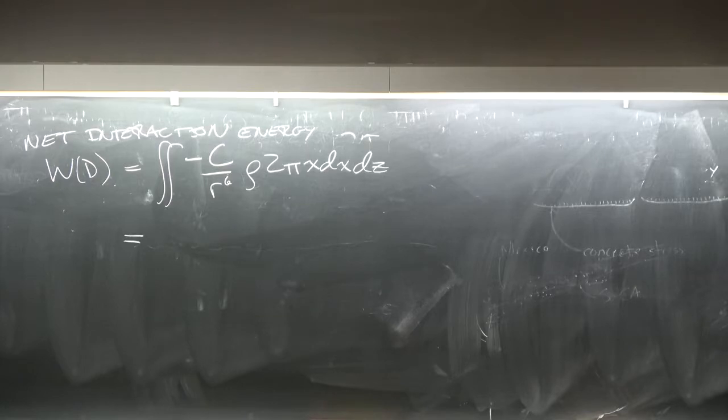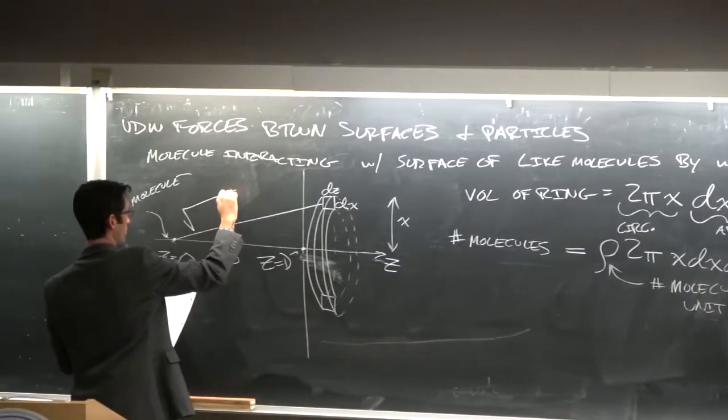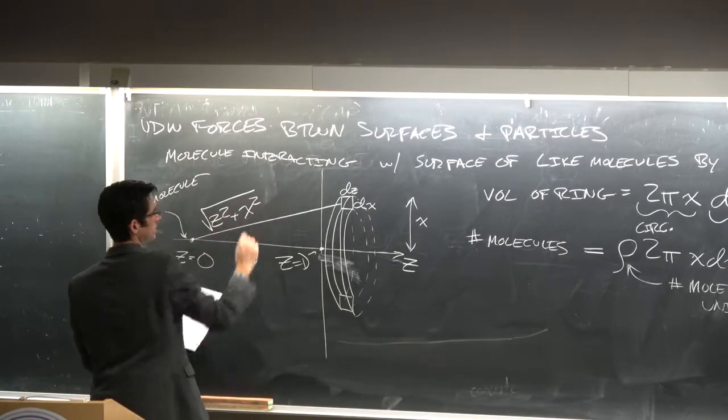Forgot something here. The distance between this point and the infinitesimal volume element, by Pythagorean's theorem, is the square root of z squared plus x squared.